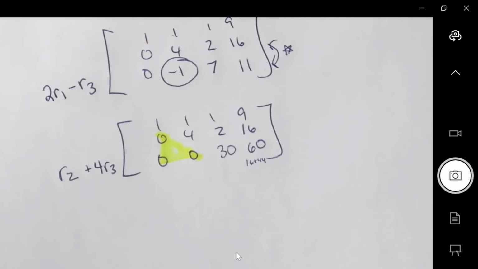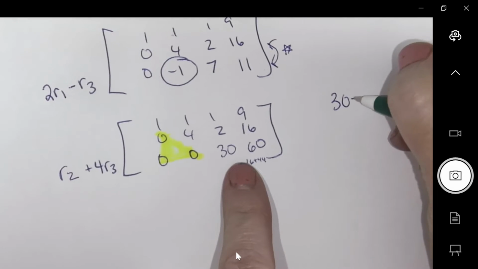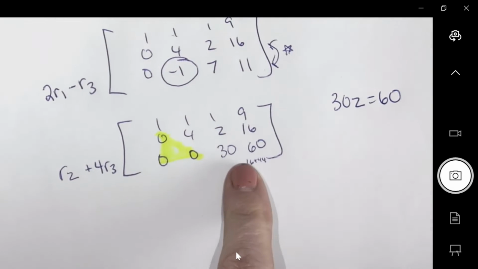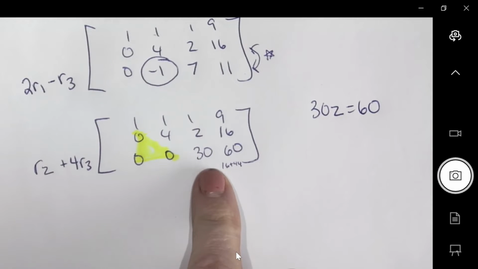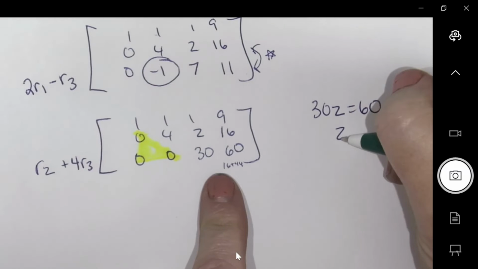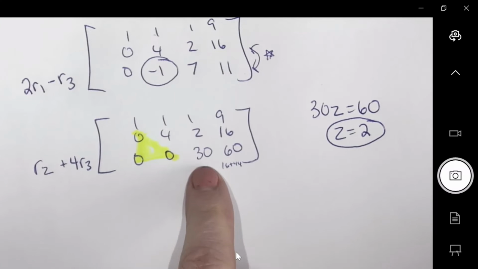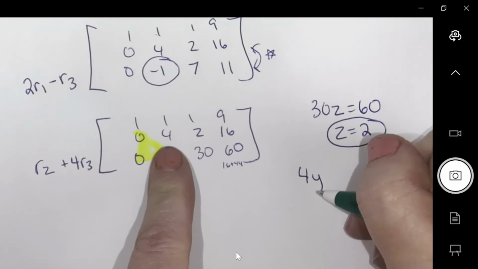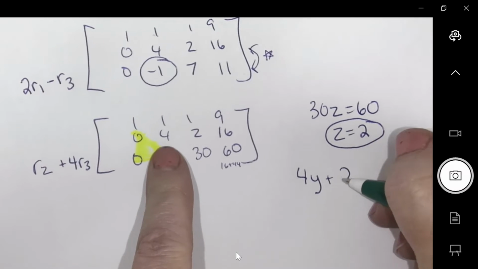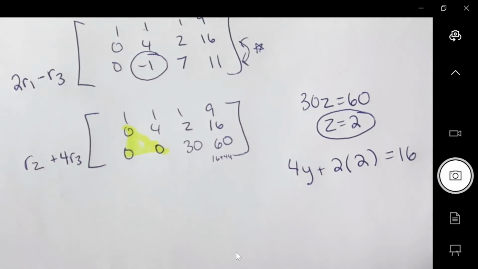Okay, so we're ready to solve. So I'm going to start. So 30z equals 60, because I have no x's, no y's, so 30z. So z equals 2. I'm going to work my way up the page. 4y plus 2z's equals 16.